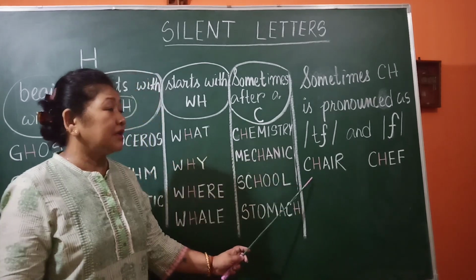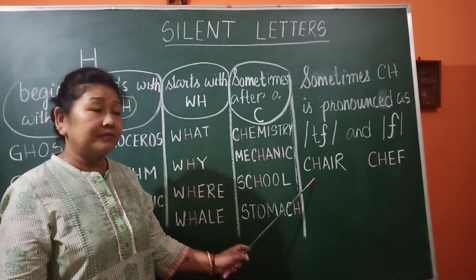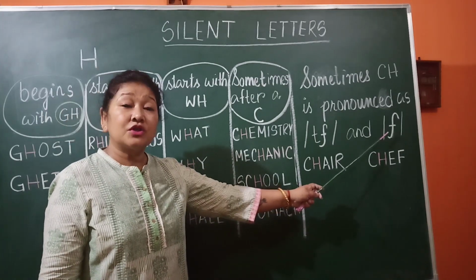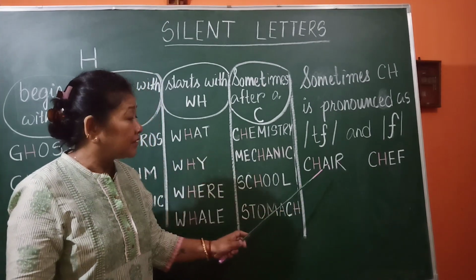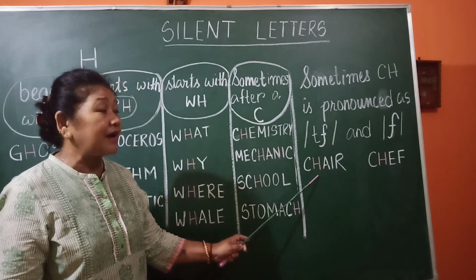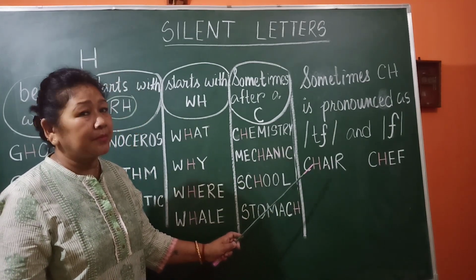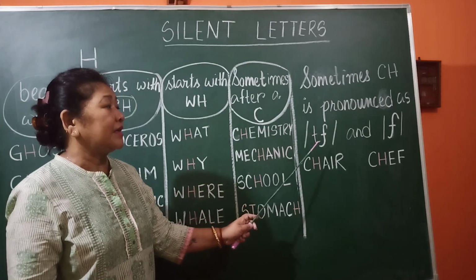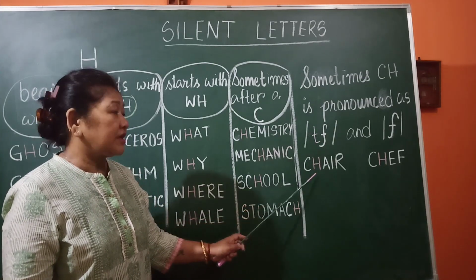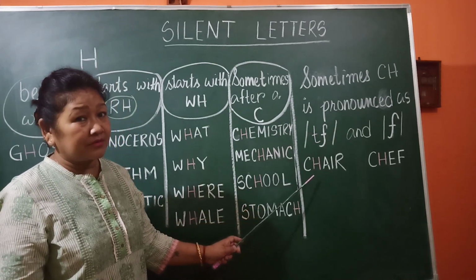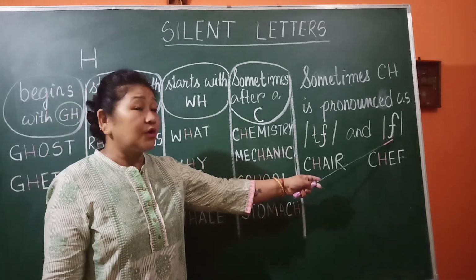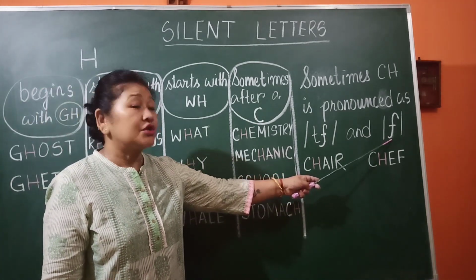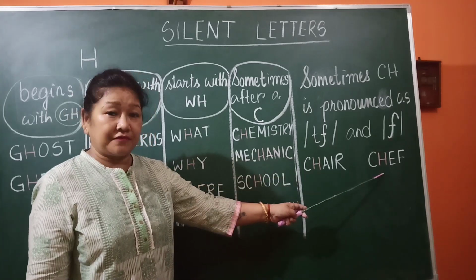For example, chair, and an example of sh, chef. So here the H is silent after a C, but we pronounce it as ch: chair, chalk, choke. And again, we also pronounce it sometimes as sh: chef.